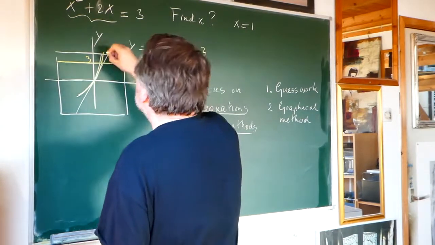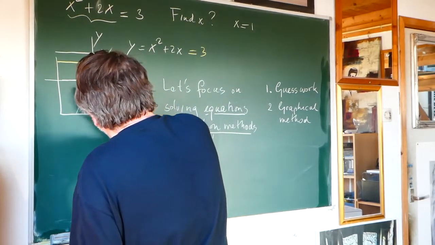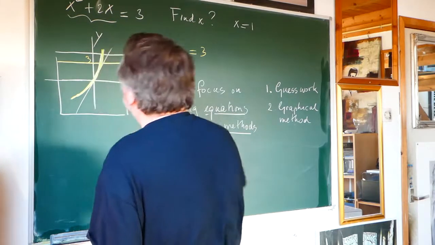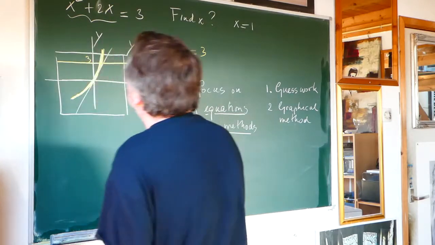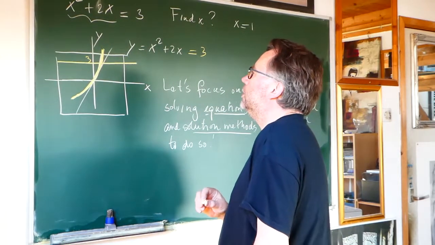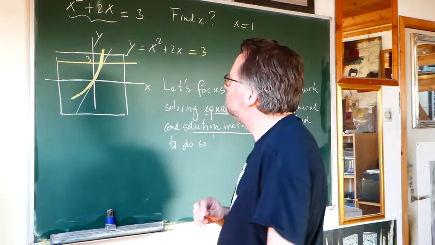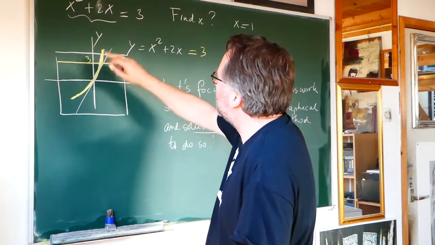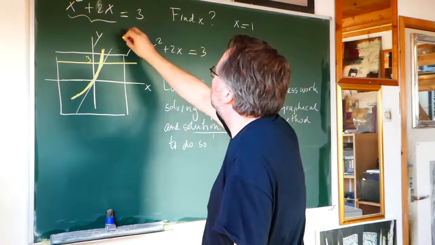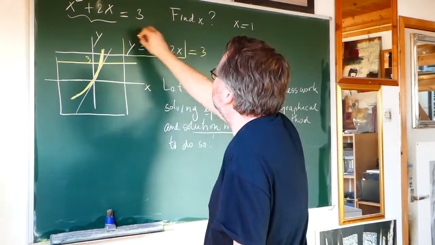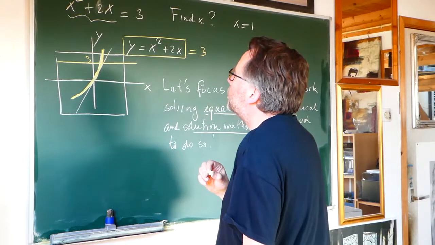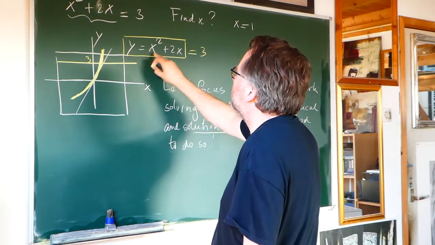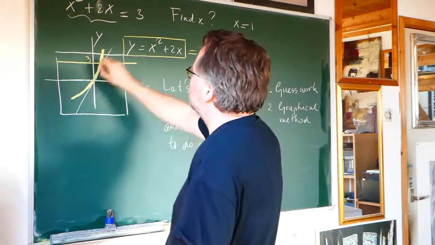Oh, it's not so nice. Okay, so this is a very thick graph. To make clear to the audience that this is a graph of this graph. It's the graph defined by y is x squared plus 2x. That's this curve here.